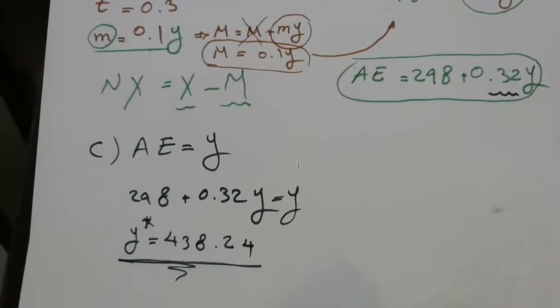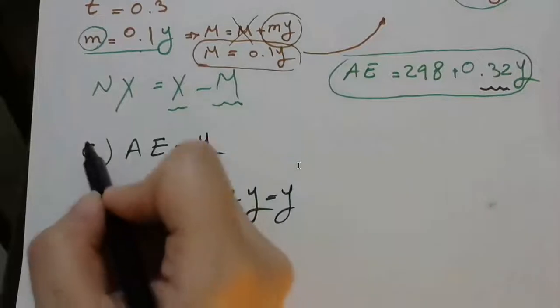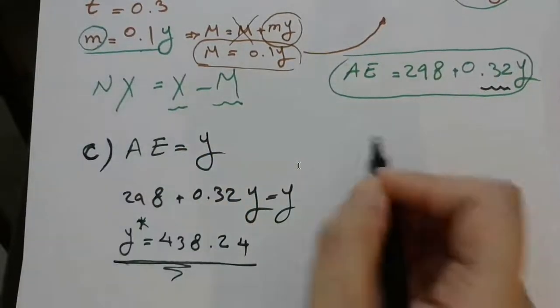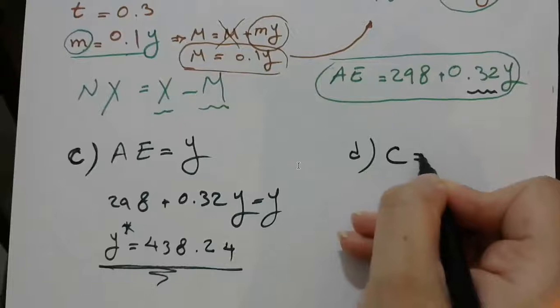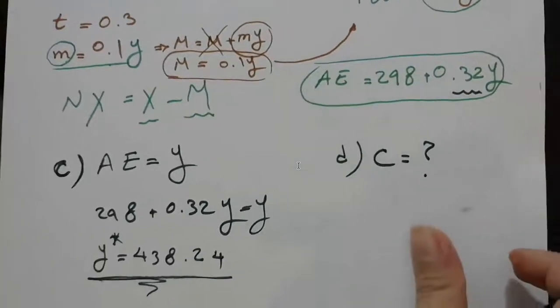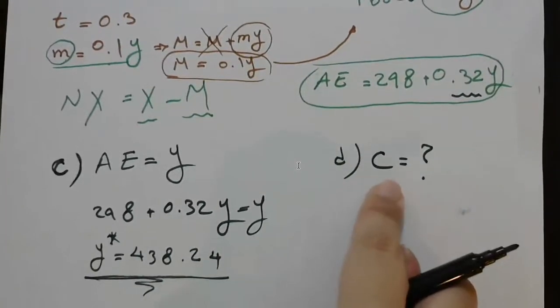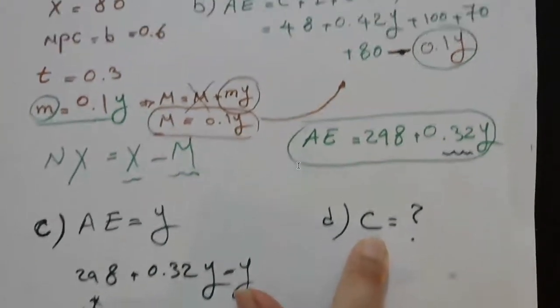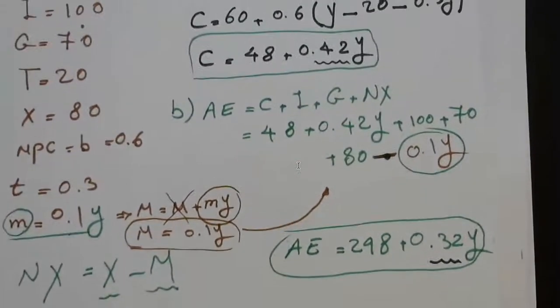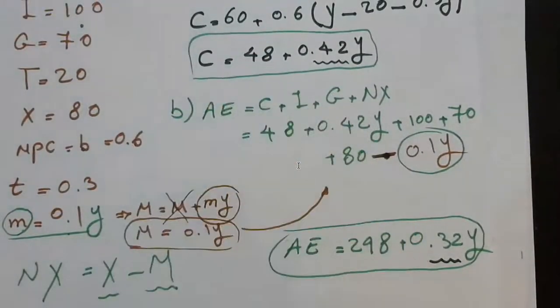The next part of the question is asking you to calculate the amount of consumption. It doesn't ask for the consumption function, it asks for the amount of consumption. What does it mean? It means you have to bring the consumption function down.